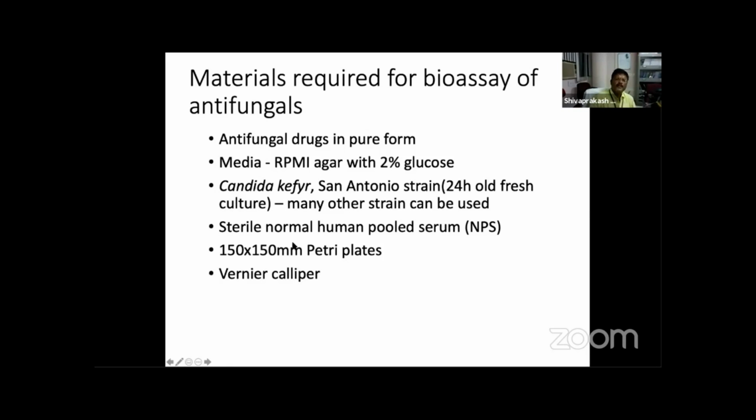And then you need to have a sterile normal human pooled serum. This is for control purposes, because you want to look at whether there is any other component in your serum sample or in your procedure which is inhibiting the growth of the fungi. You also need to use bigger plates, because you are testing different concentrations and different samples.